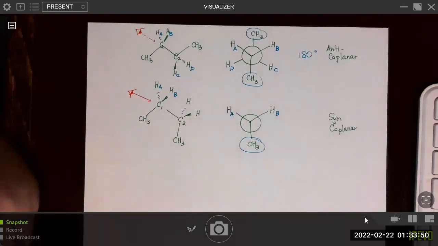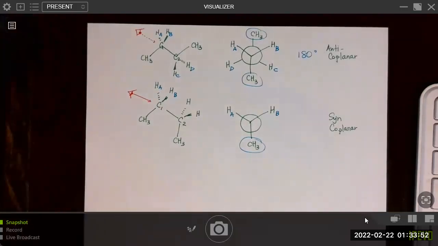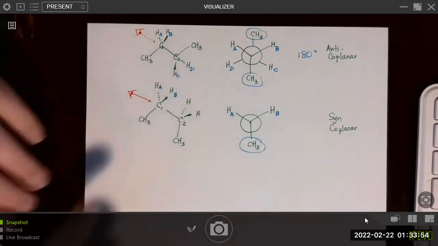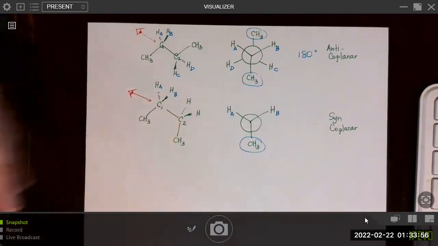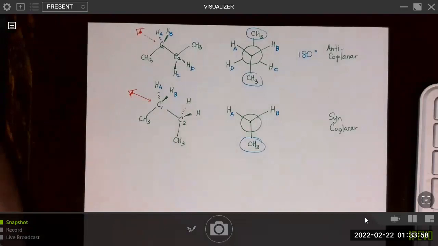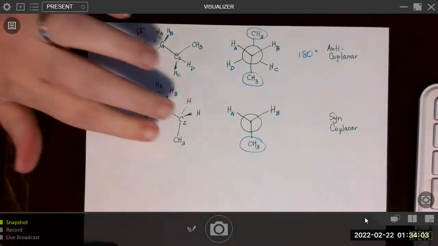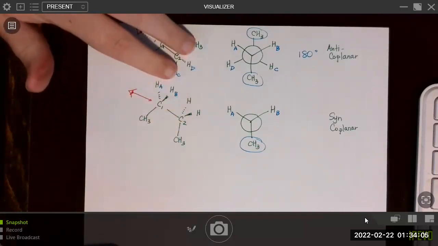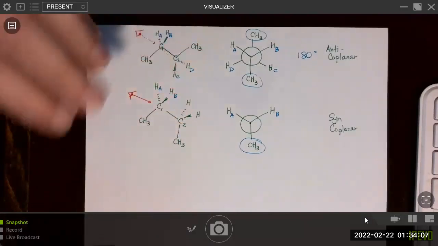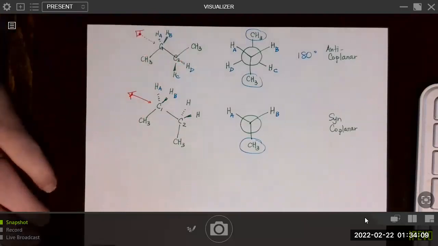Hopefully you have your model kit. You can build butene and then try to rotate the center carbon-carbon bond between the anti-coplanar and syn-coplanar conformations. So you can see exactly what it looks like when we take this and rotate it 180 degrees, or flip it over like a pancake.